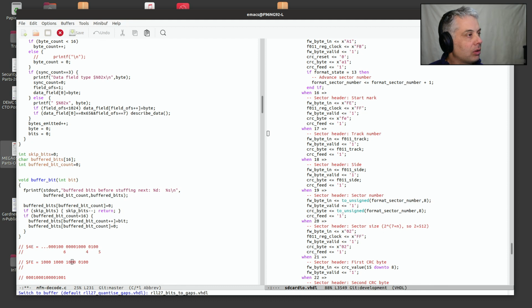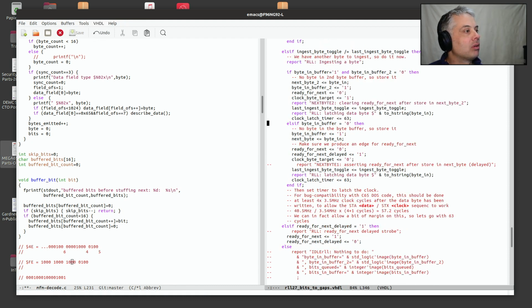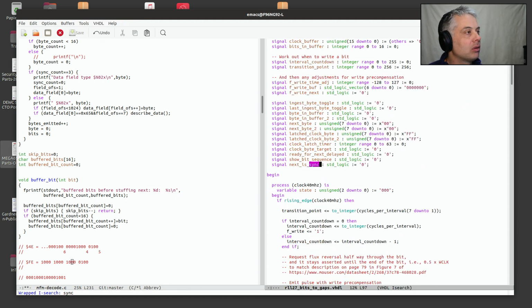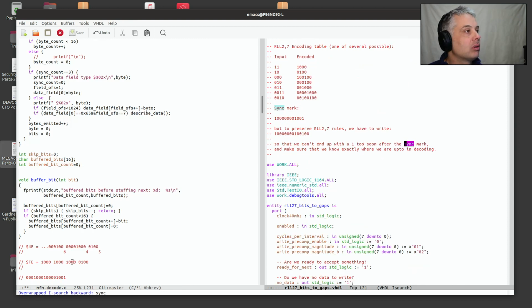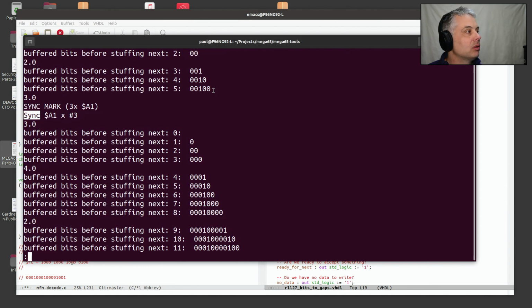Bits to gaps, sync. So we write it like that. So we write a gap of 7, a gap of 2, and a gap of 2. So indeed, there's our gap of 2, and there's our next gap of 2. So there should be a 1 written out when we discover the sync.